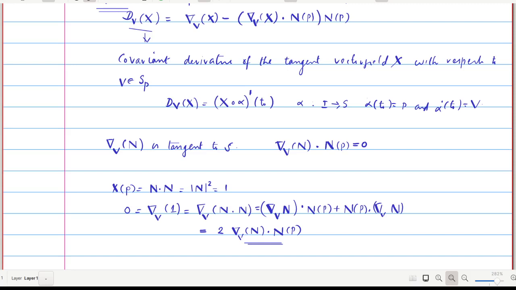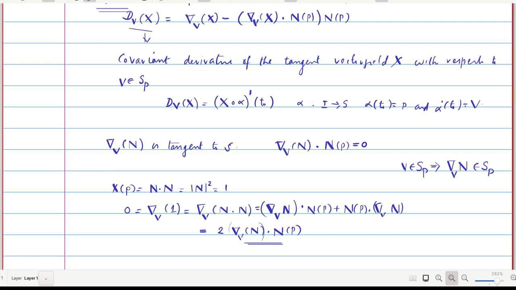So if we start with a vector V belonging to SP, the derivative with respect to V of the normal vector field n is always in SP. That is what we have proved here, because this is orthogonal to n of P, which is normal.